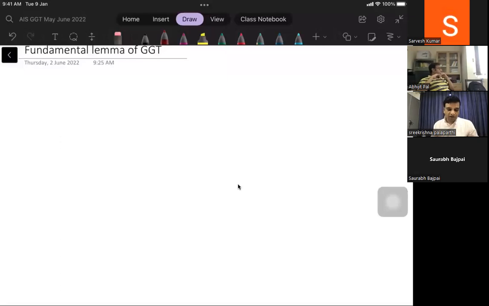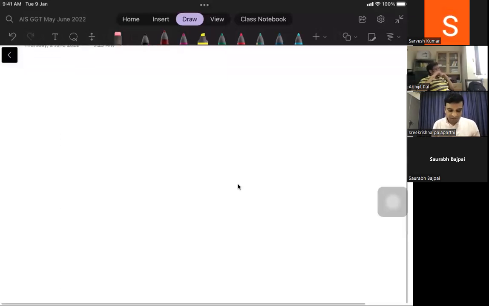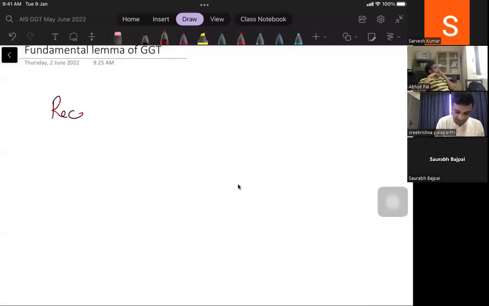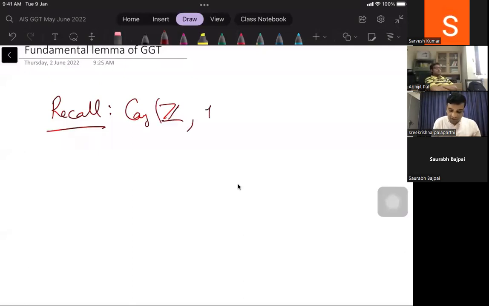groups as geometric objects. Okay, so one of the fundamental impediments in this is that you recall that we had the Cayley graph of Z with generator 1 versus the Cayley graph of Z with generating set 2, 3.